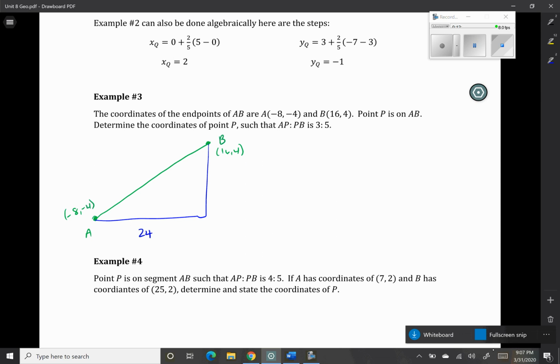Looking at the y values, if I start at -4 and go up to +4, that would be going up 8. Notice both are positive because we're going in the positive direction.